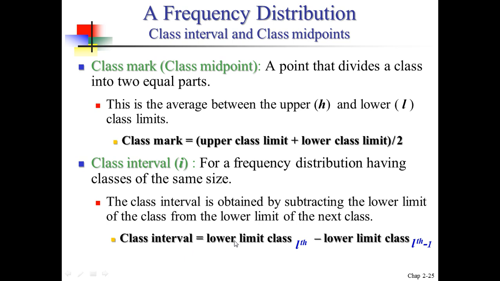If you want to use L, this class minus the lower class, or if you want to use H, this class minus the previous class. Or you can use class midpoint, this class minus the next class. Or if you want to use H and L in the same class, H minus L in the same class. This is the class midpoint.